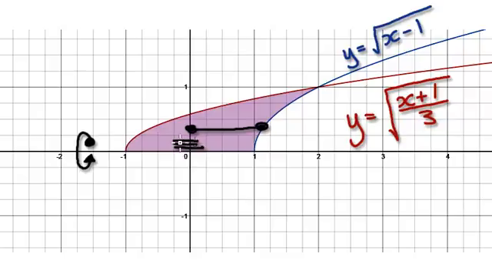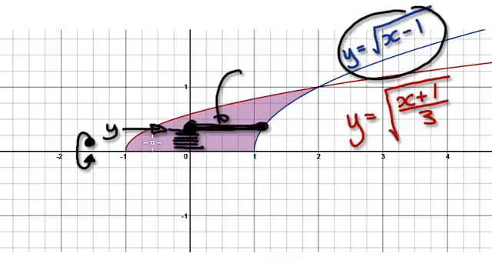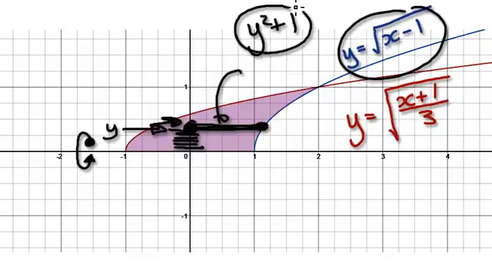Don't forget y is moving about, so at this y value here, the x distance, you've got to look at the blue line, will be y squared plus 1. So this here would give us this distance from here to here.